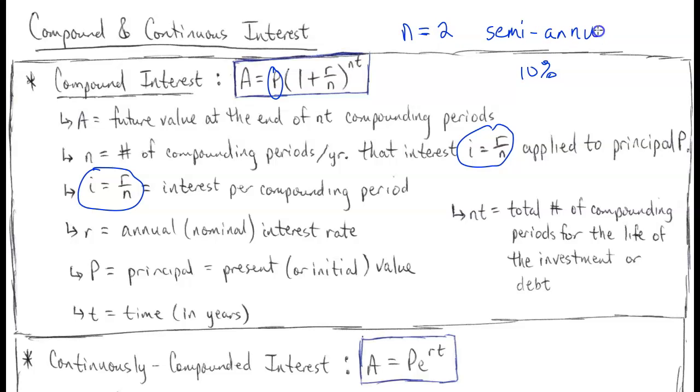In that case, the interest rate per compounding period is this 10% divided by 2, which is 5%.